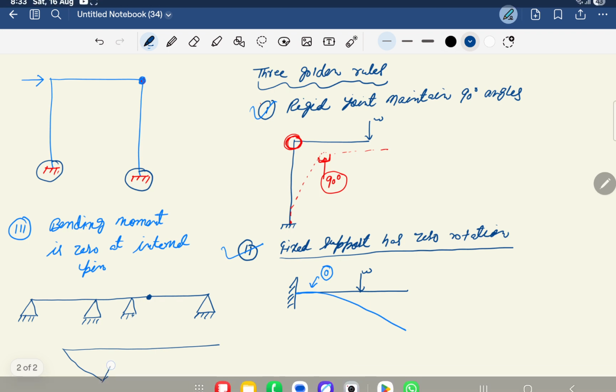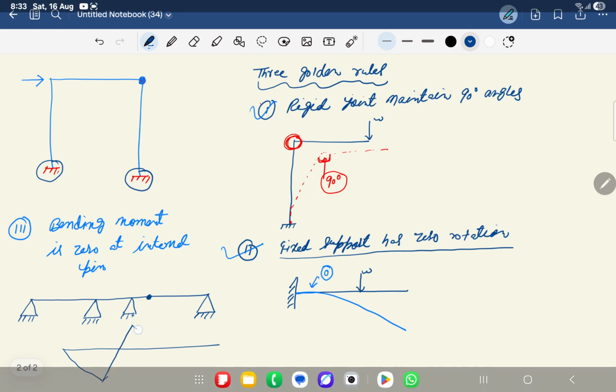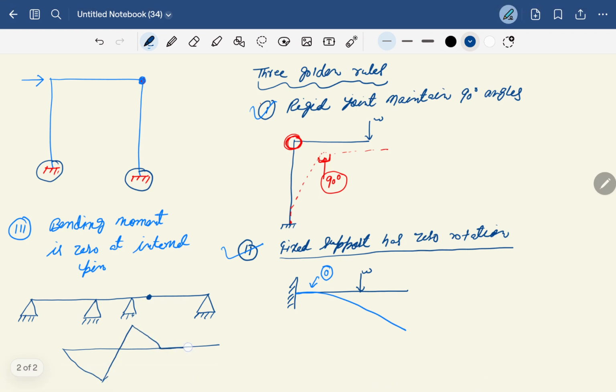So it will be like this, and then like this. Because this is the internal pin, there is zero bending moment at an internal pin, always remember. So these are the three golden rules you have to remember when you are going to draw the deflected shape of the portal frame or any type of structure.